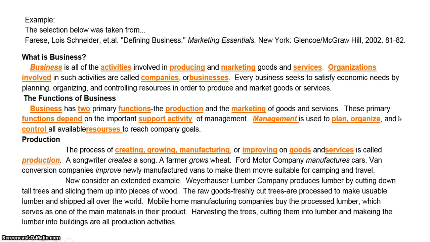This example is taken from a longer article titled Defining Business. If I were to answer this focus question, what is business? I might underline and highlight the information here in red. Business is activities involving producing, marketing, and services. Organizations involved are called companies or businesses, and there are some functions of business.